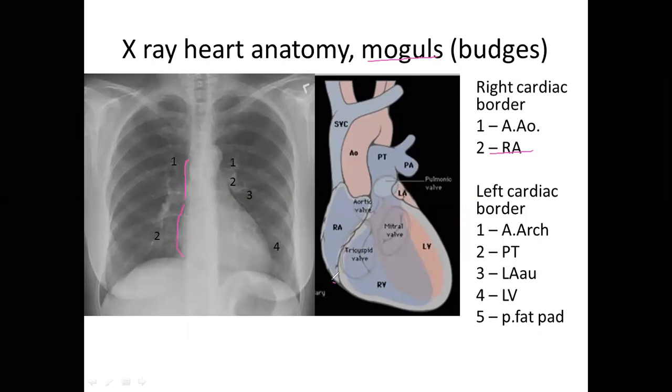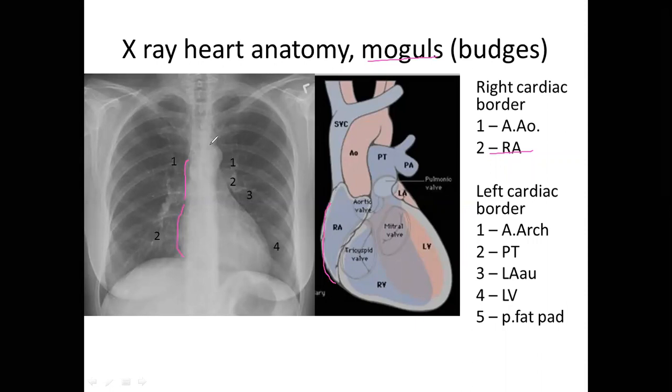And yes, exactly, the right cardiac border is formed by the right atrium. You will ask me, why is this border not the superior vena cava? Well, it is not, because the superior vena cava has a thinner structure compared to the aorta. That's why we may notice SVC only if patients have congestive failure.